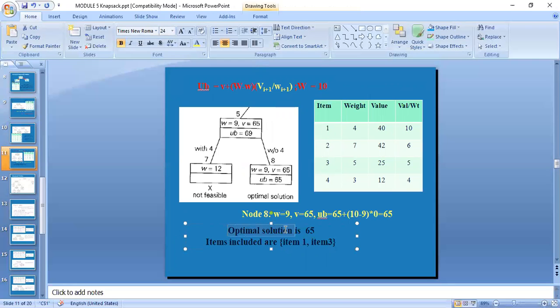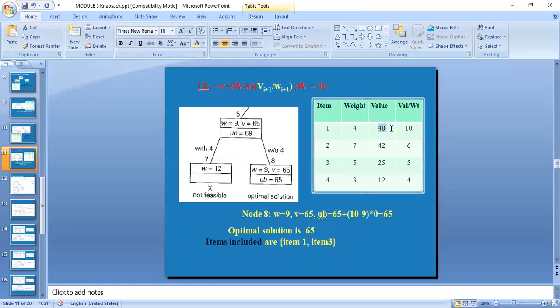What is the optimal solution? It is 65. What are the items? Items included are item 1 and item 3. Now you just cross check it. Before confirming it, please cross check it. Item 1, item 3: the value of item 1 is 40, the value of item 3 is 25. 40 plus 25, 65.